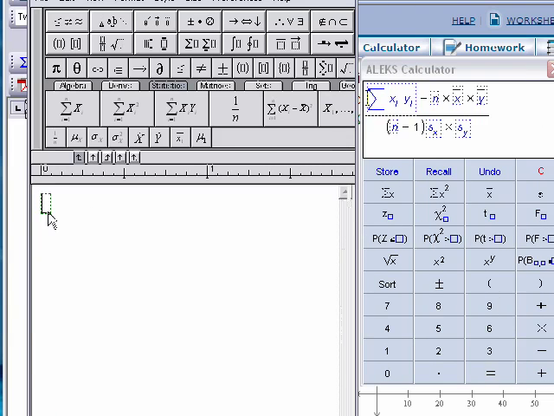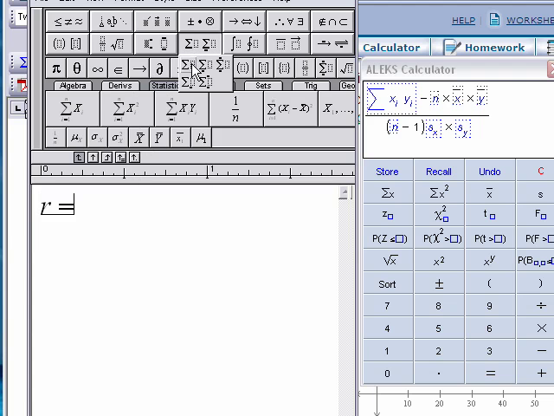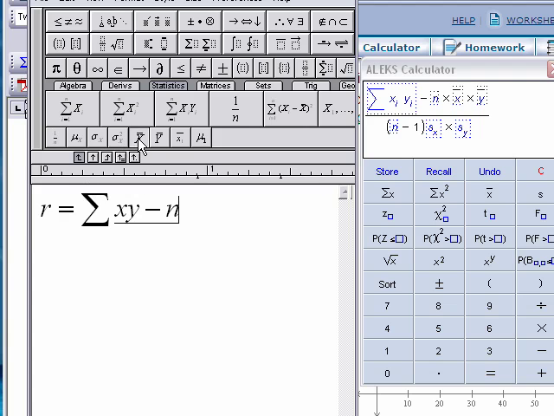And so now I have Word open along with equation editor. So I have R is equal to the summation of the X values times the Y values. I'm just going to leave it XY rather than putting the subscript. Minus N times the mean for X, so that's X bar, and I'm going to copy that so I'll have that. Oh, you know what?